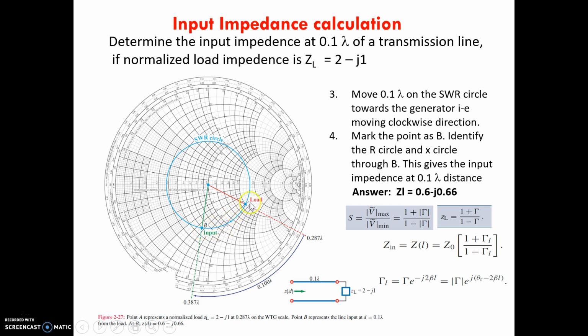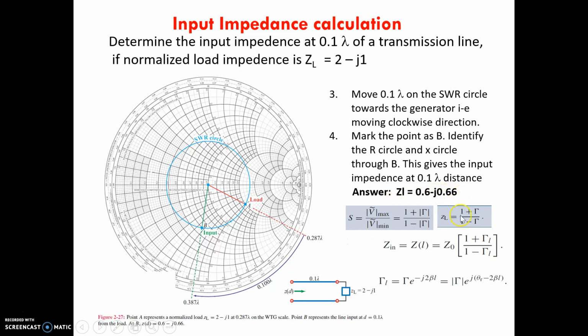You can observe that this is the 0.1 lambda distance, and it will intersect at a point P. This gives the input impedance of the transmission line at 0.1 lambda distance, which is a value 0.6 minus j0.666. This can be obtained from the R circle and the reactance circle values, which give the input impedance of the transmission line.